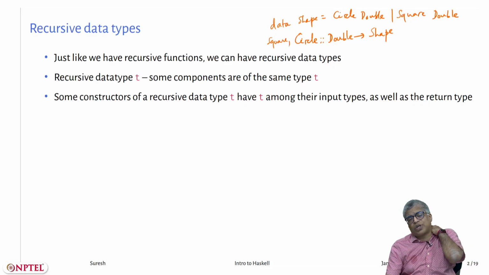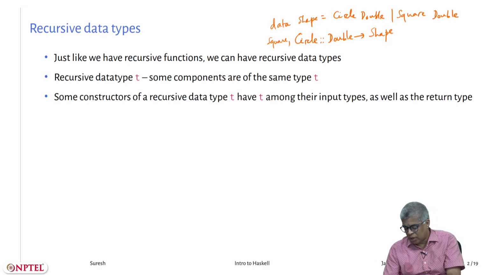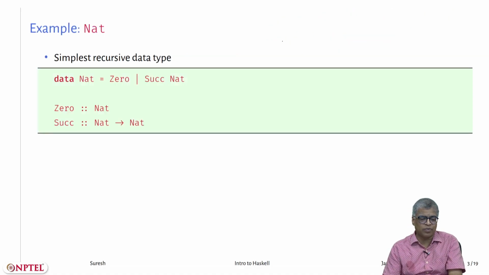So the constructors have return type T, where the type that you are defining is T. But there is nothing that stops a general constructor from having the type T as an input, and that is when you have a recursive data type.